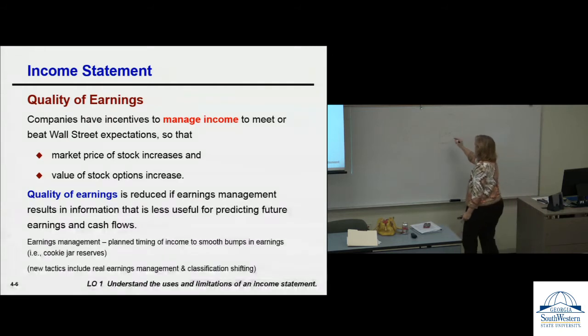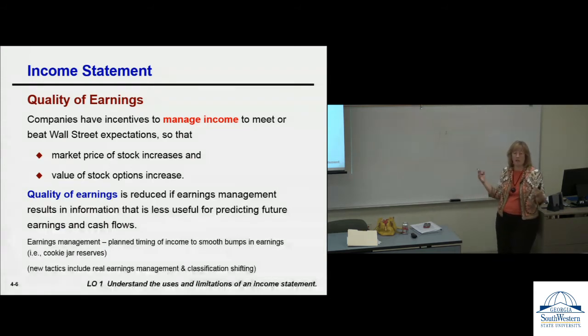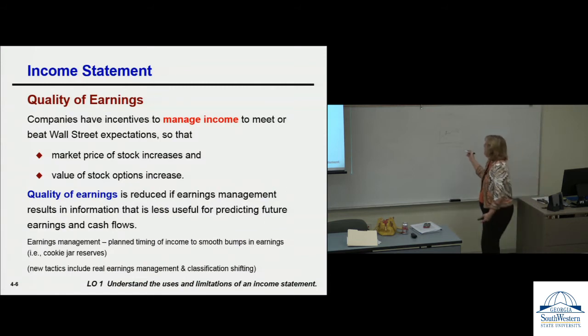When you have too much earnings, like you have right here, this is perceived to be too much earnings compared to their straight line. They book some kind of reserve, make an estimate change so that they feel like they have earnings in the cookie jar saved up for a rainy day when the net income might be down here. Okay?